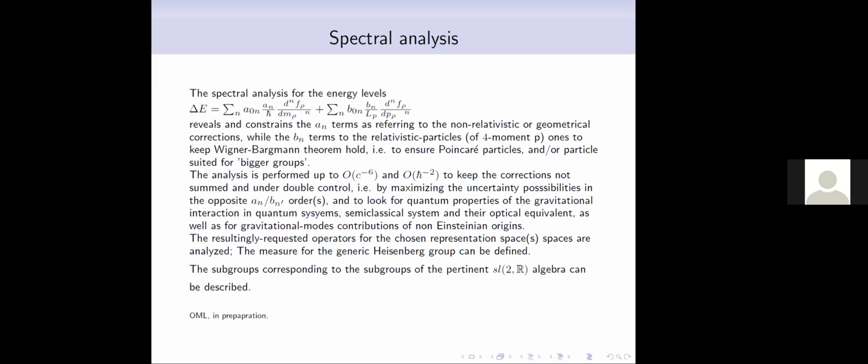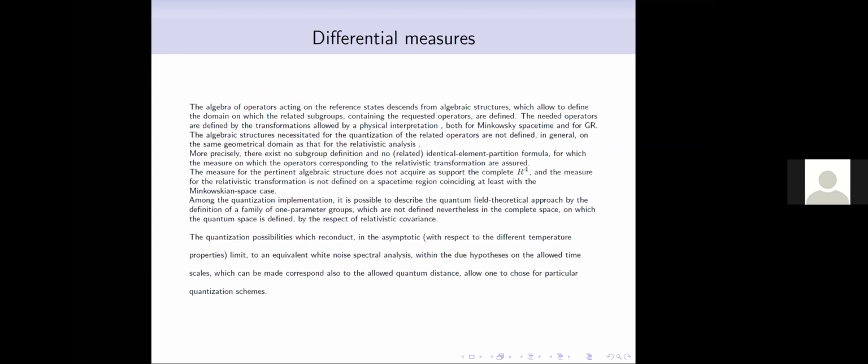And for this, we also need a measure which, according to the space on which the wave functions are defined, requires us to look at subgroups of the algebra SL(2,R).